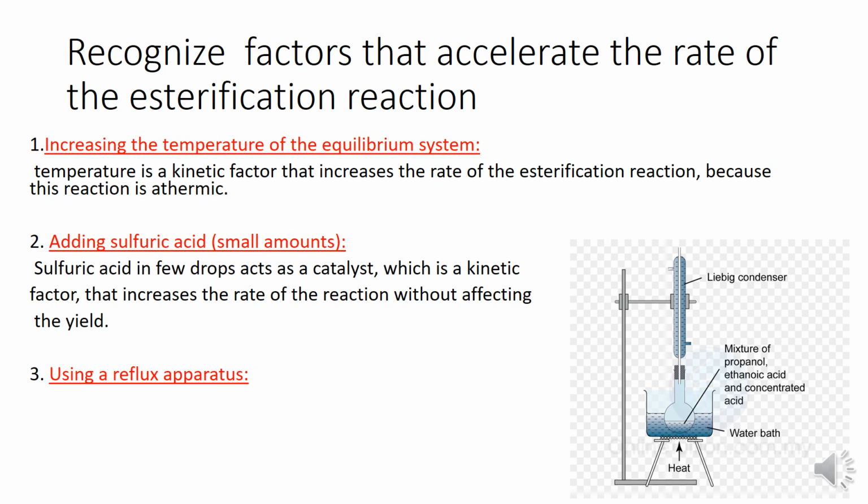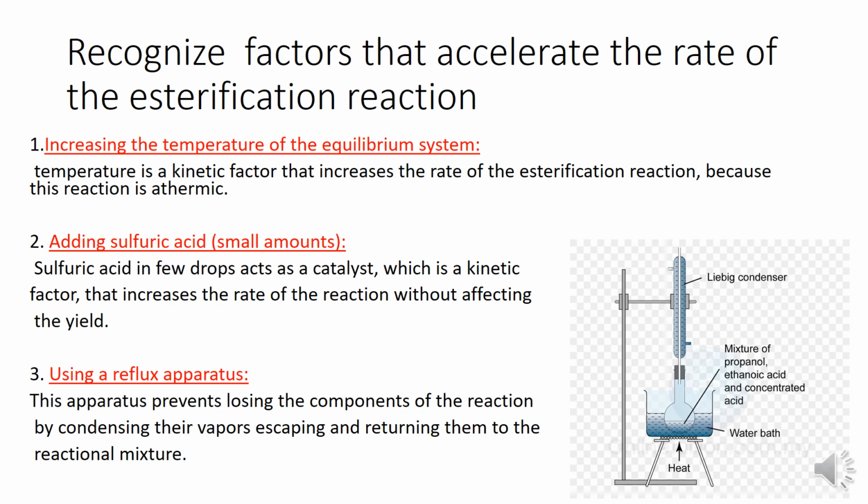As you see here, in the reflux apparatus, we put the two reactants together and we use the condenser and heat. This apparatus prevents losing the components of the reaction by condensing their escaping vapors and returning them to the reaction mixture.